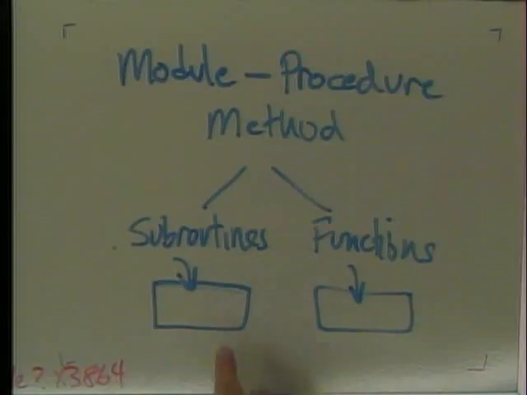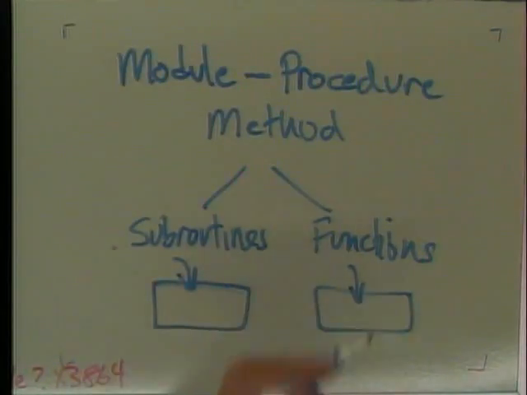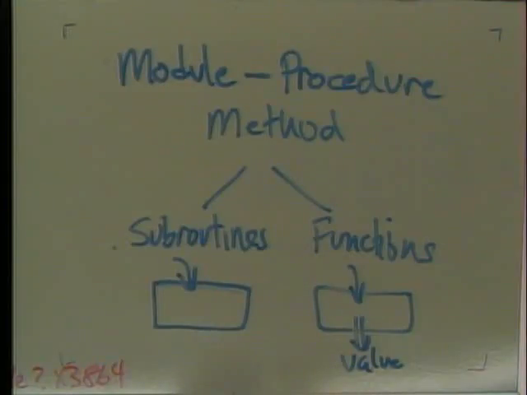So for example, if either one of these things were going to calculate some results for you, let's say it was really simple. They had to add 2 numbers. Well, you'd have to feed the 2 numbers into the subroutine or into the function. The difference is a function will spit out or return a value. A subroutine will not.